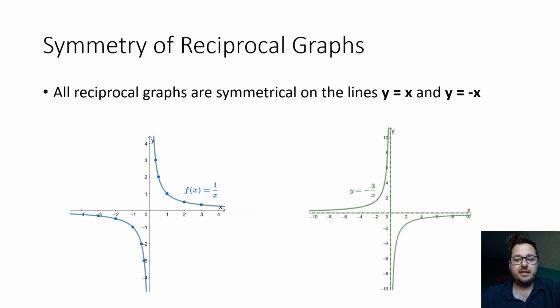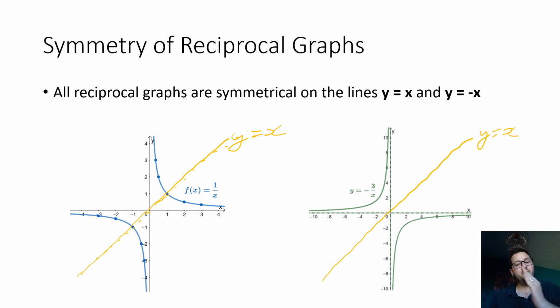Another thing to notice is that all reciprocal graphs are symmetrical on two separate lines. They're symmetrical on the line y equals x, which is this line here. Let's draw it thick like that. So that's y equals x, and similarly on this one, y equals x.